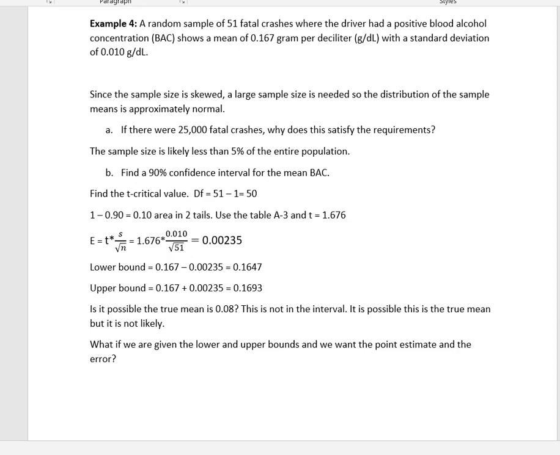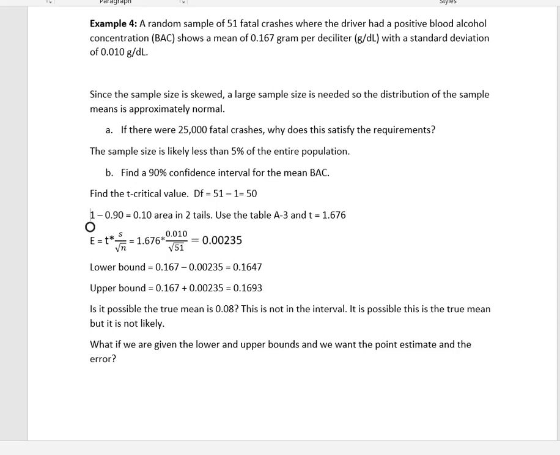To find the t-value, 1 minus 0.9 is 0.10, area in two tails. Use table A3, area in two tails of 0.1 with a df of 50, and we get t equals 1.676.